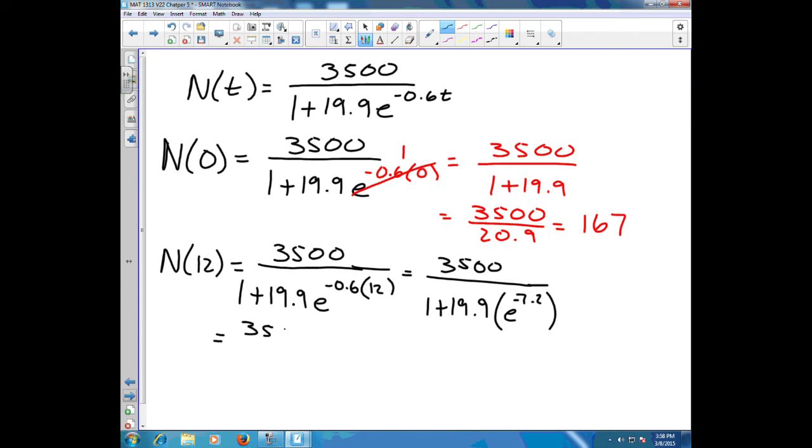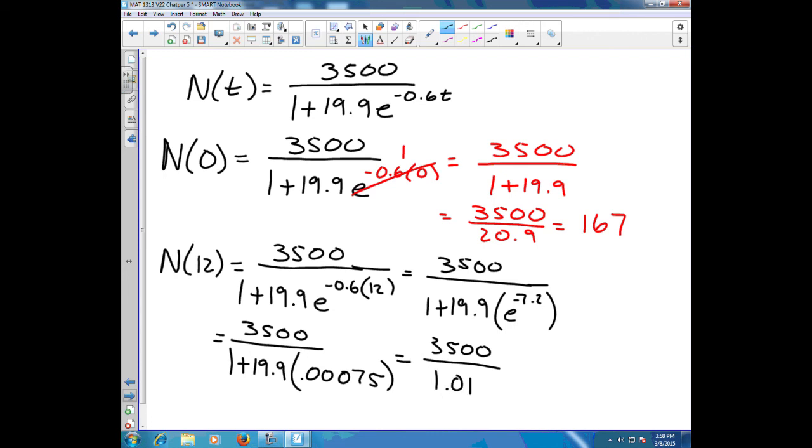And so that's 3,500 over 1 plus 19.9 times 0.00075. If we multiply this by 19.9 and then add 1, we get 3,500 over 1.0149.